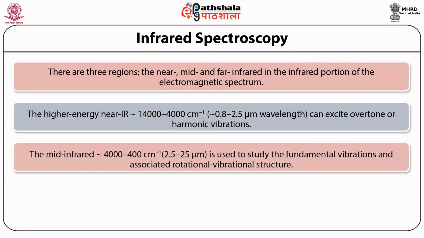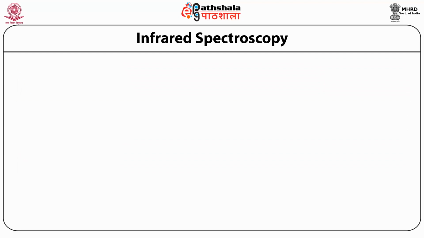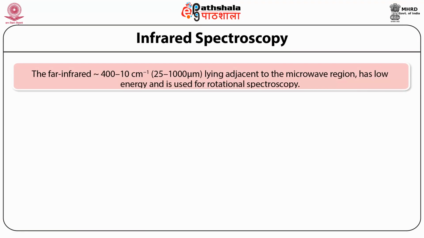The mid infrared, that is 4,000 to 400 centimeter inverse, 2.5 to 25 micrometer, is used to study the fundamental vibrations and associated rotational vibrational structure. The far infrared, that is 400 to 10 centimeter inverse, corresponding to 25 to 1000 micrometer, lying adjacent to the microwave region, has low energy and is used for rotational spectroscopy.